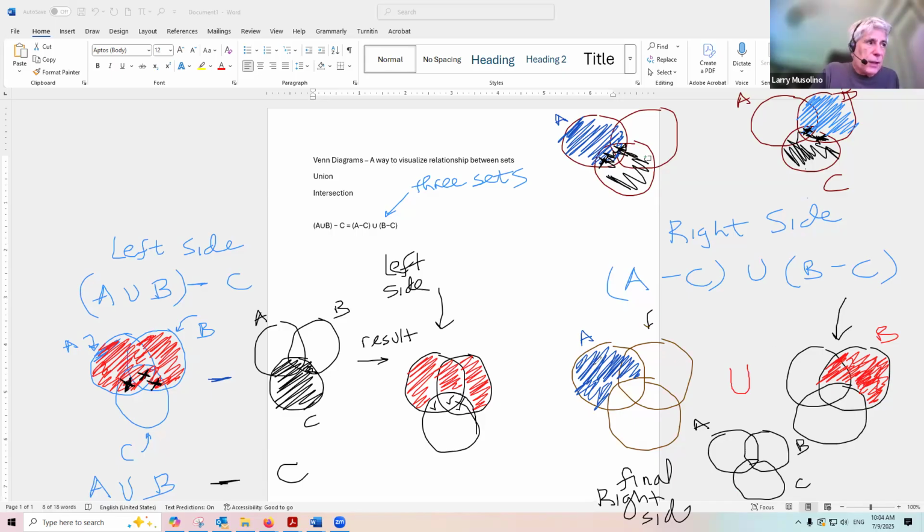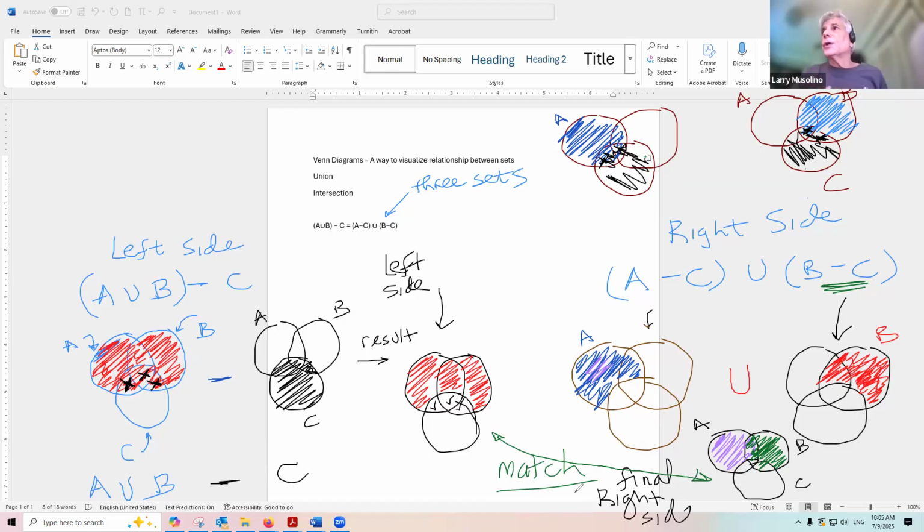Let me fill in where set A subtract C is, that was this shading. And now I also want to fill in where the B subtract C shading is. Well, that's this shading right here. And if you notice, the left side of the equation and the right side of the equation are a match.